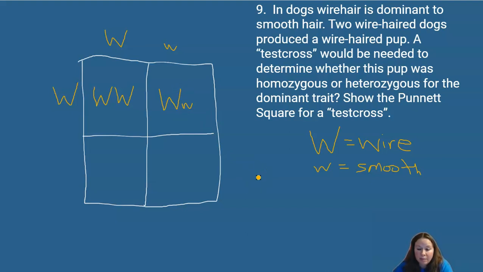So what we're going to have to do is a test cross with the pup once it grows up, with another dog that we know is homozygous recessive. So that would look like, oops, that's not a good spot. Look like this.